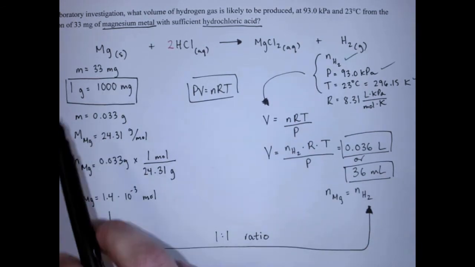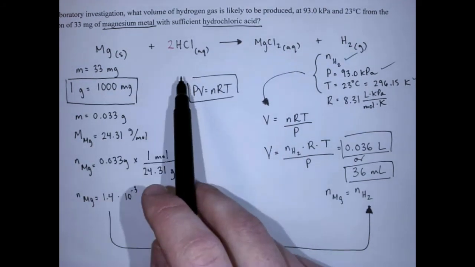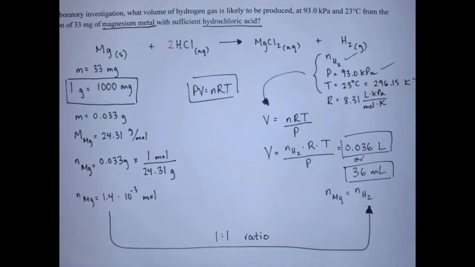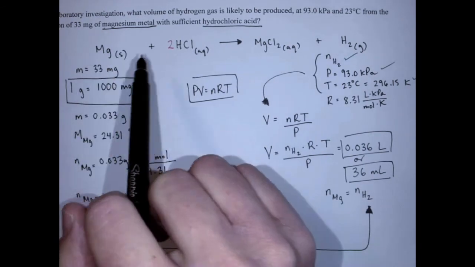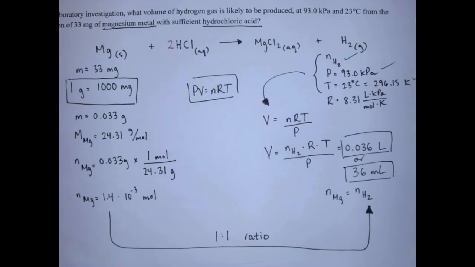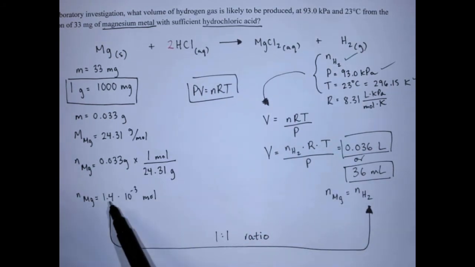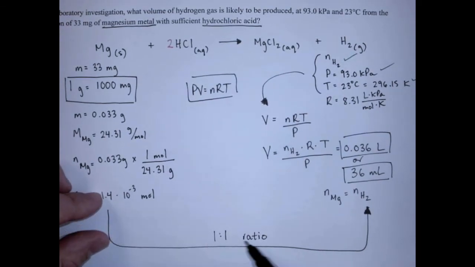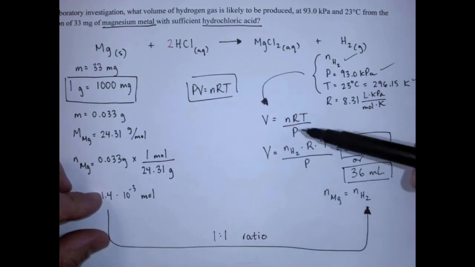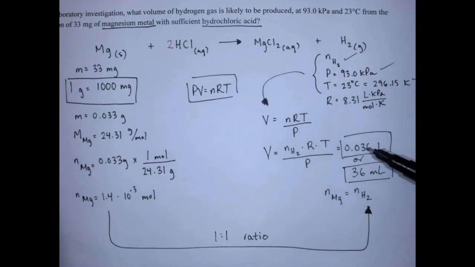You know, we might start with a mass, or we might start with concentration or volume in case we're working with solutions, or we might have a gas as a reactant, and we might have to use the ideal gas law or some other law to convert to moles. But we're always going to funnel and reduce everything down to a mole ratio, and then we're going to work our way back up again to whatever we're being asked for. In this case, we're being asked for a volume of hydrogen, so 36 mils.